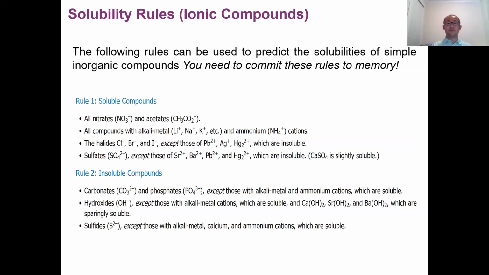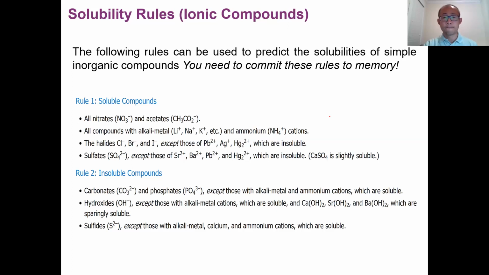Like we said, the rule applies for predicting the solubility in most cases, except when the solute is an ionic compound. So here we're going to learn a separate rule that can predict the solubility of ionic compounds.